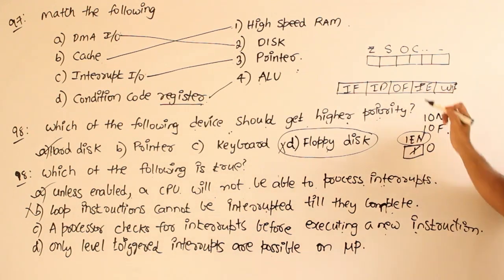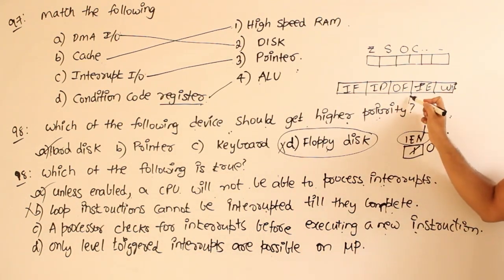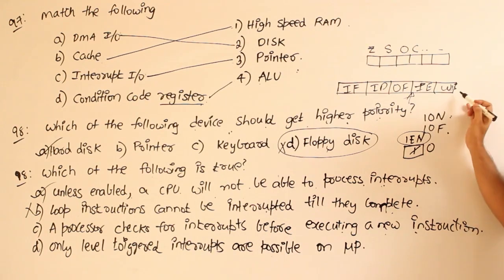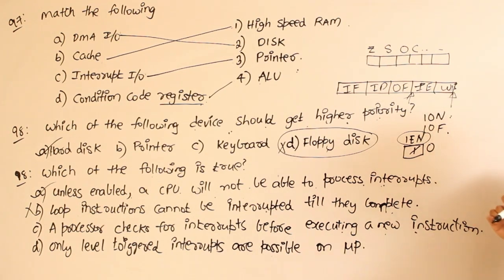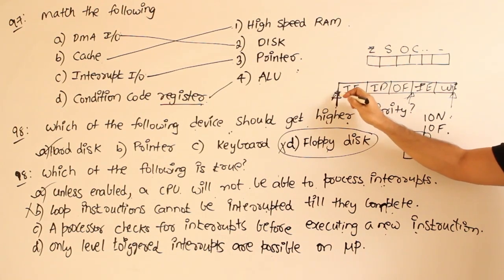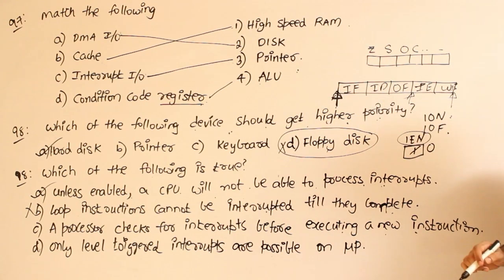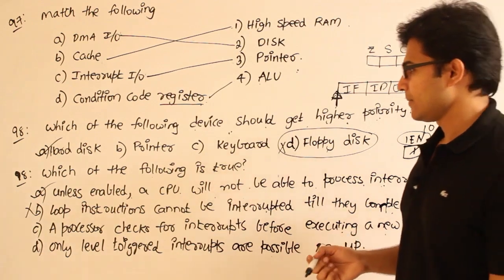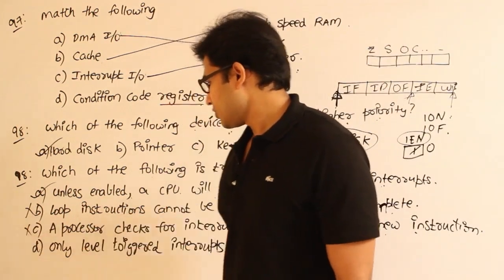So before executing, it will not look for the interrupt. After this it will look for the interrupt, which means at this point, right? So before you fetch an instruction, we are going to look for the interrupt. We are not going to look for the interrupt before executing. Therefore it is wrong. And the next one is about microprocessors.